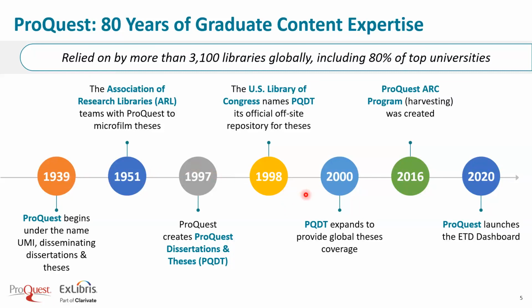Usually when we talk about ProQuest, everybody has in mind that there's more US content, but no. Since 2000 onwards, ProQuest Dissertations and Theses has expanded to global coverage, including Asia, and now we're expanding in Southeast Asia as well. So this is one of the important points. Of course, there are more developments after this. Later on, I will take you through those developments.